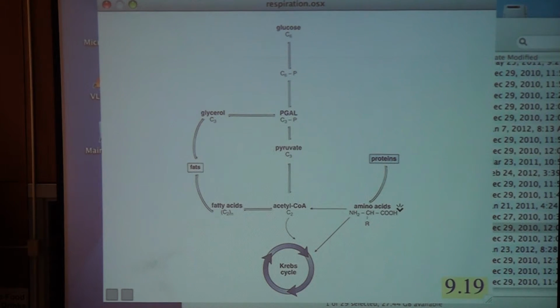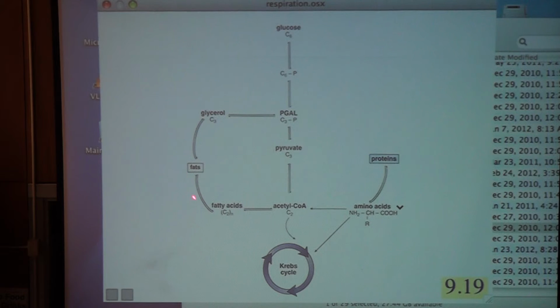I'm leaving out a few atoms here because, of course, there are hydrogens attached to a lot of these carbons. Well, if a cell is using fats for fuel, it detaches the glycerol from the 3 fatty acids, and the glycerol can be changed into PGAL by an enzyme. And so the glycerol essentially feeds into the glycolysis pathway right there as PGAL.